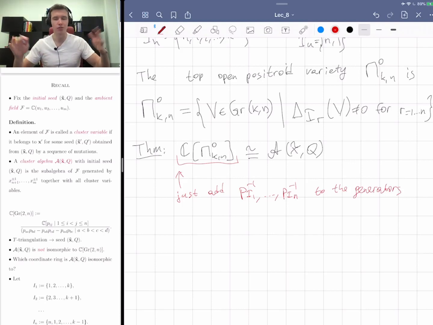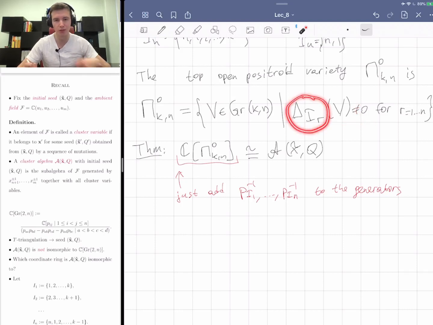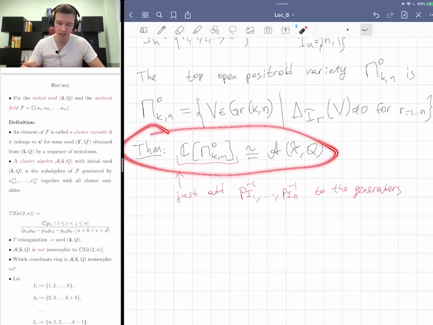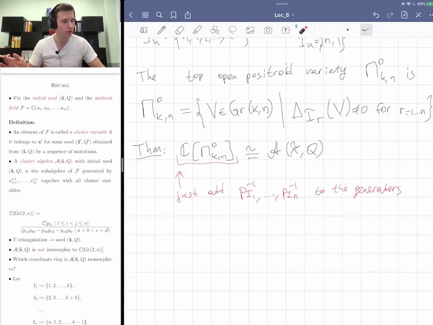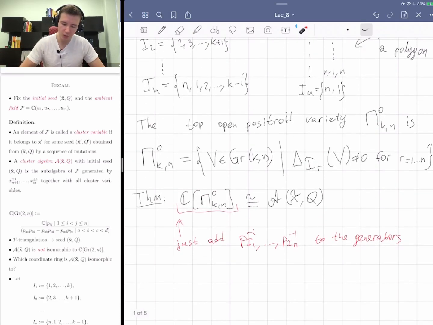That's a general procedure. Whenever you restrict to a subset where something is non-zero, then this function is allowed to be inverted in the coordinate ring. So far this seems like I'm saying something pretty straightforward, and it's true. But first of all, later we are going to see there is going to be so open.